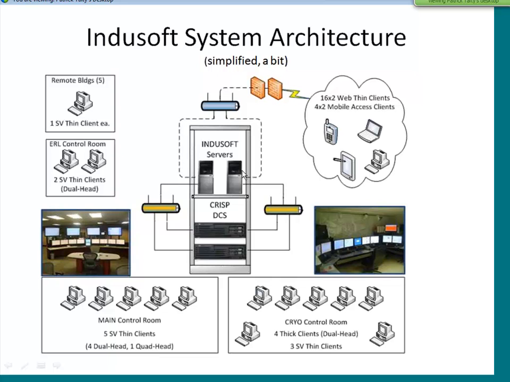So this is all operator facing on this side, and down below is the DCS. It's the 2 HP Alpha servers, also arranged in a redundant fashion. And you can see here I have some dotted lines. That's the external network, if you will, that we can publish data out on for viewing by our credentialed customers.